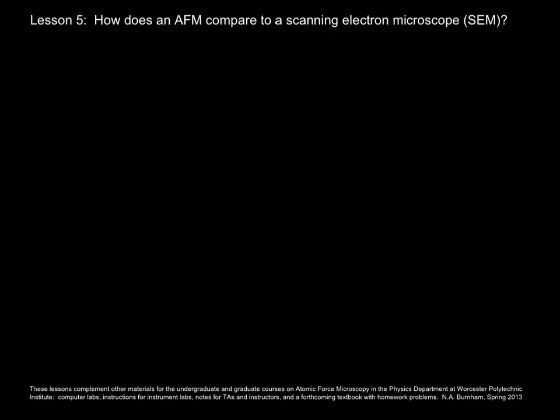So firstly, let's make sure you know what an SEM is. In SEM, what you have is a filament of wire, maybe a sharp tip of wire. You run a current through that, and in this filament here, electrons boil off.